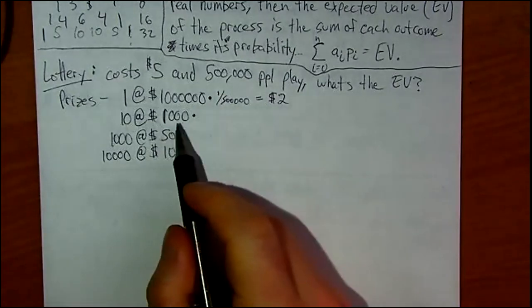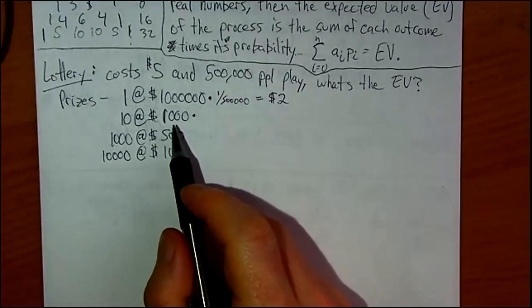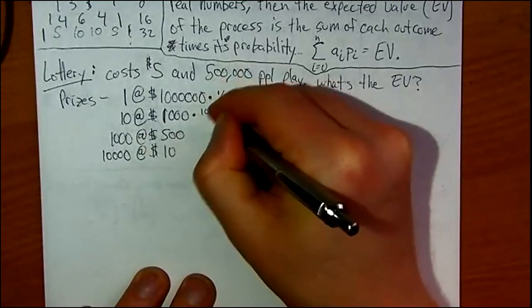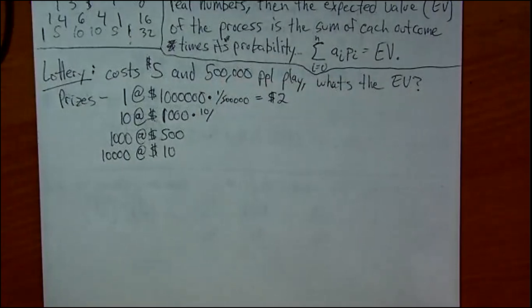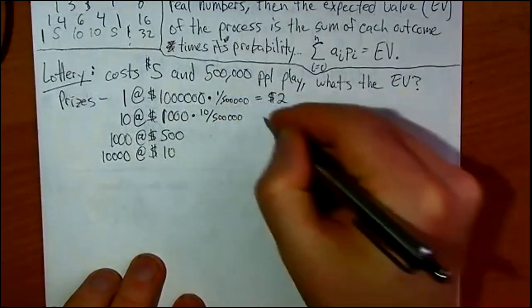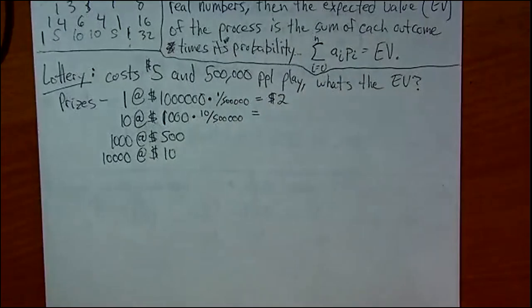Since I already have that 1,000 here, taking that into account for your 10,000, it would actually be times 10 over. Oh, and Sean, you wouldn't want to subtract one off. You still have 500,000 here. The same ticket could win two.